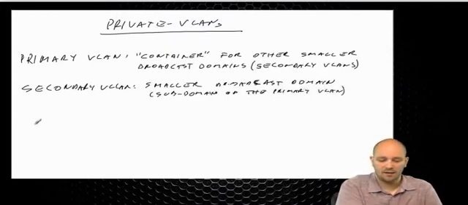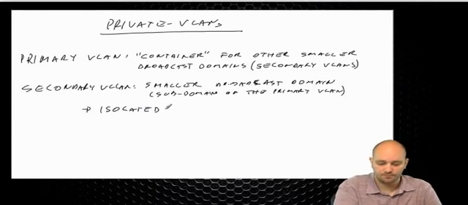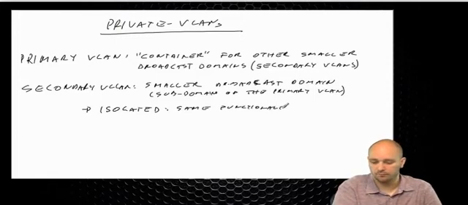Secondary VLANs come in two flavors. We have isolated, which provides the same functionality as protected ports.